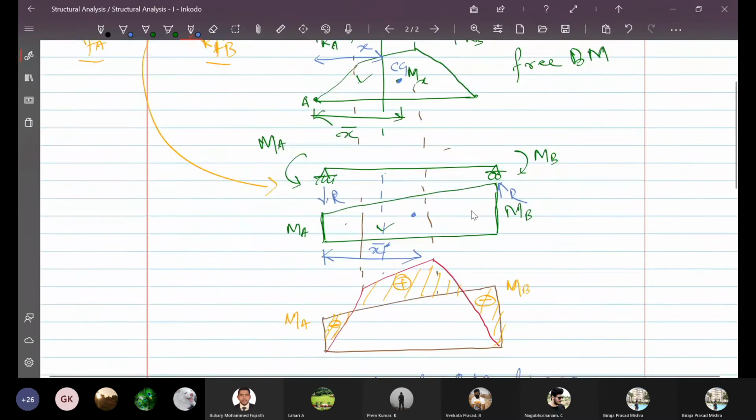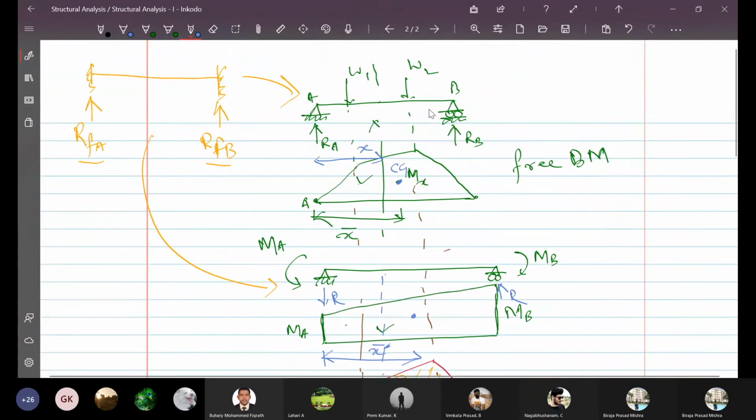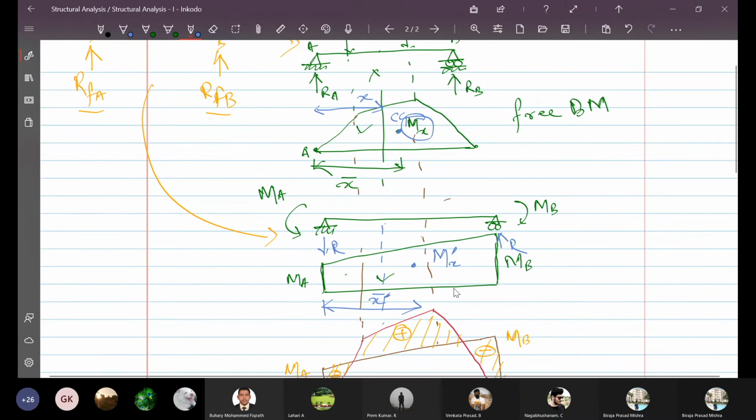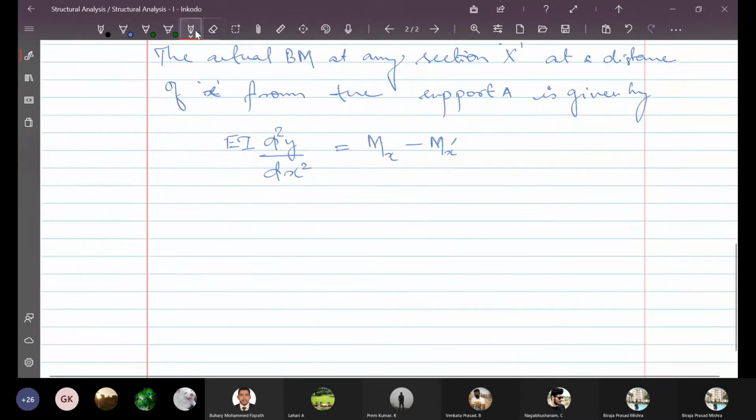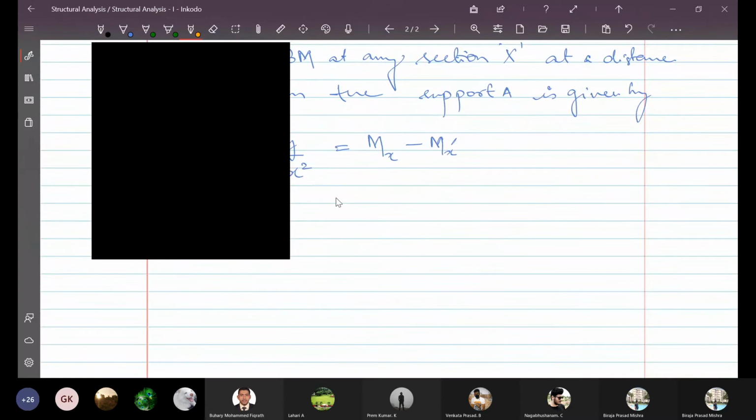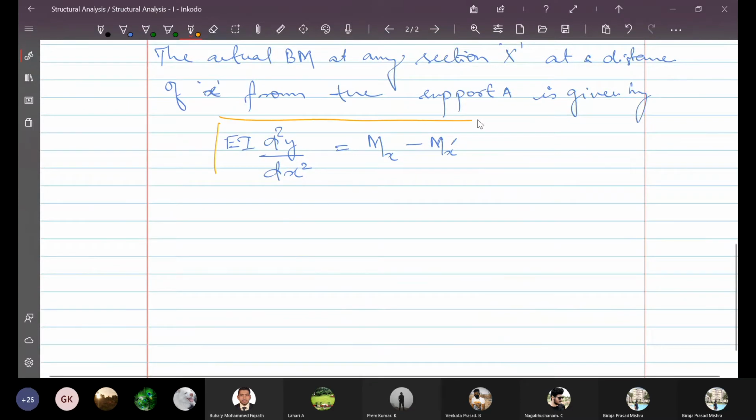Now what is this M x? So M x is the free bending moment diagram, and M x bar is the fixed end bending moment diagram. Okay, so this becomes equation 1.